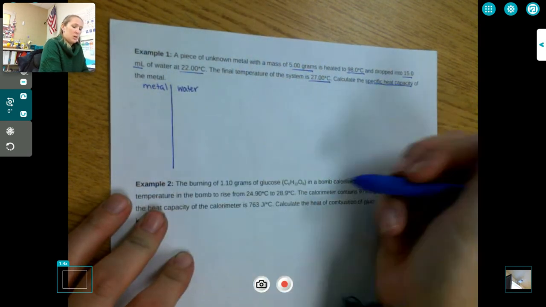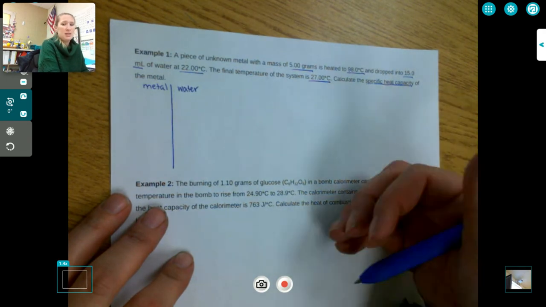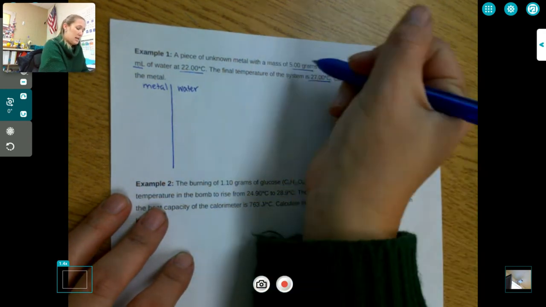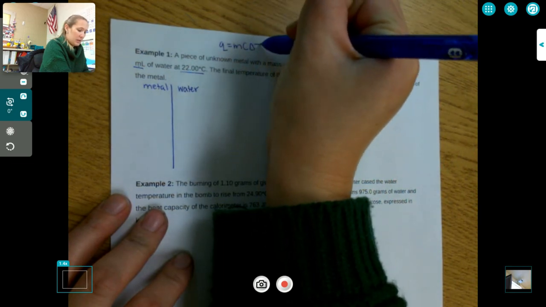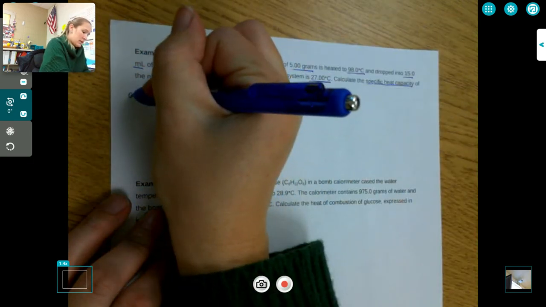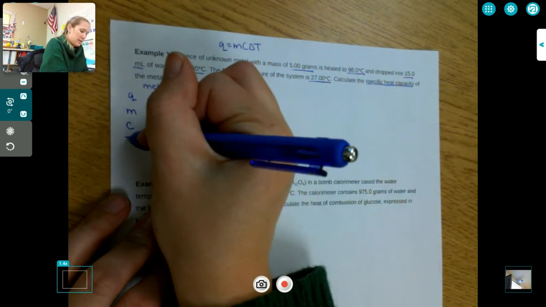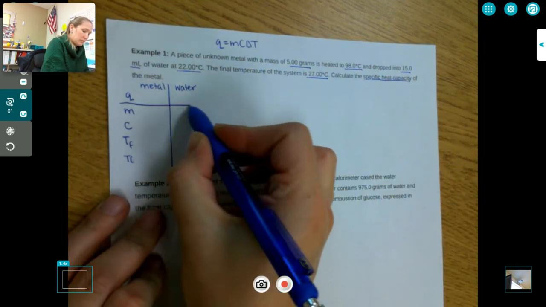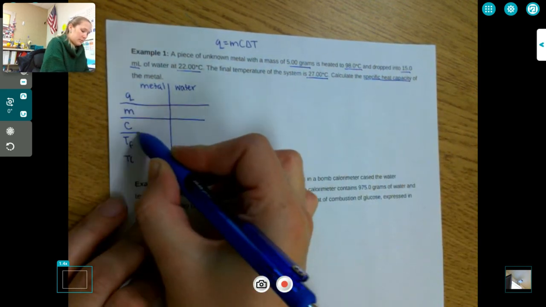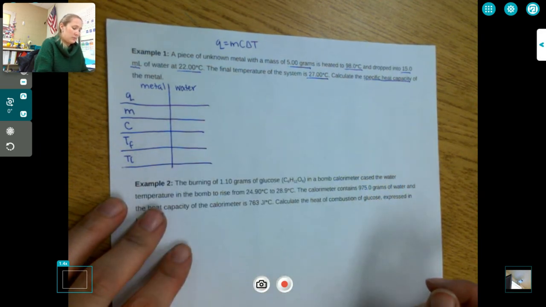We know that if we're looking at specific heat capacity, the formula that has specific heat capacity, temperature, and mass in it is our Q equals MC delta T. So I'm going to want Q, M, C, and delta T, which is T final minus T initial. This is all information that's going to be helpful.